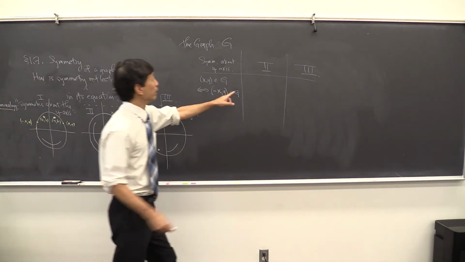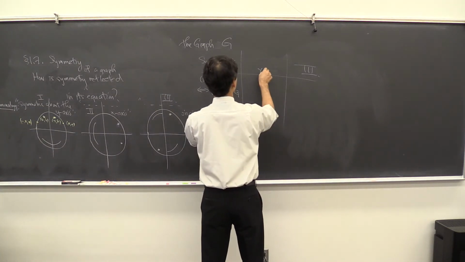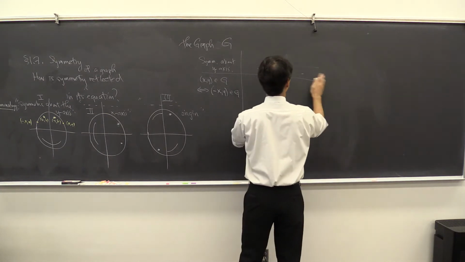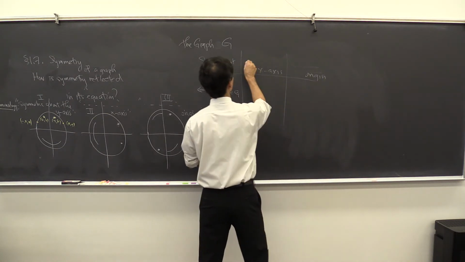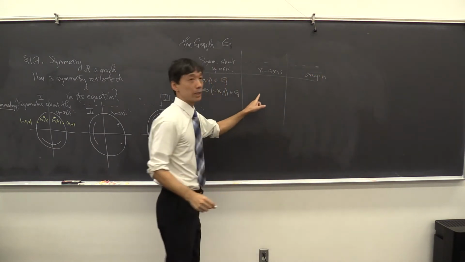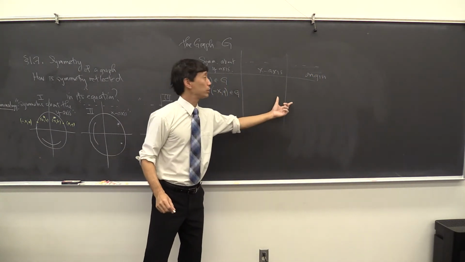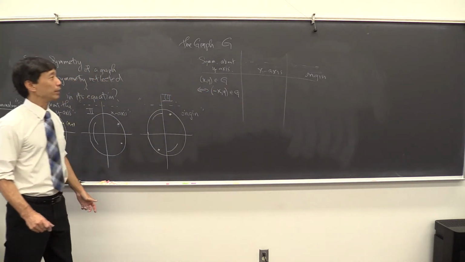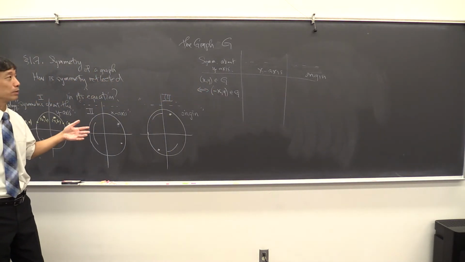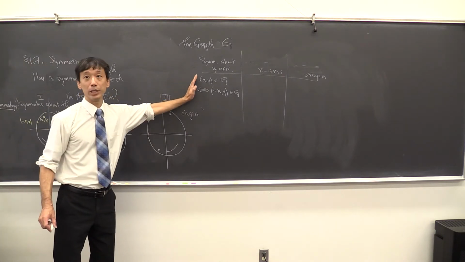What should I write here for symmetric about the x-axis? Take 10 seconds and fill in what these two blanks should say. How do you describe symmetry about the x-axis using this kind of notation?